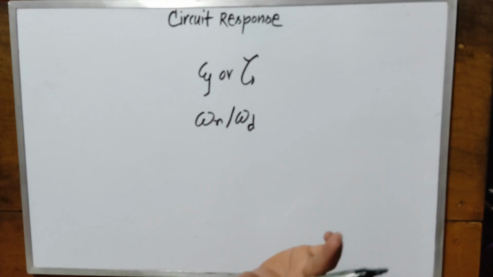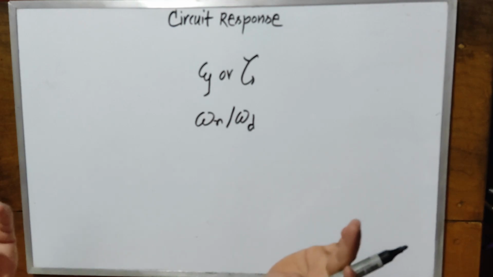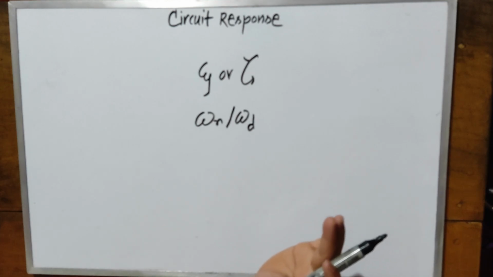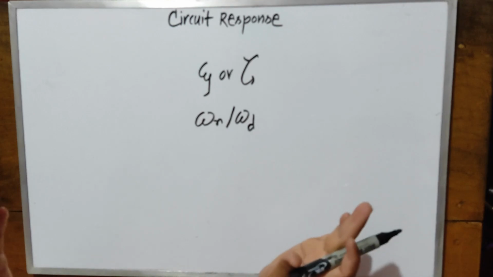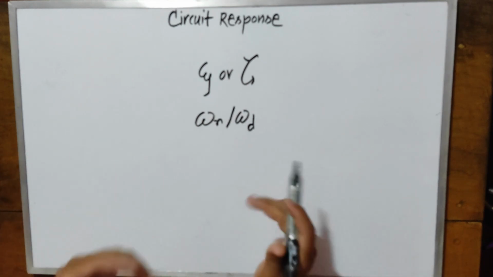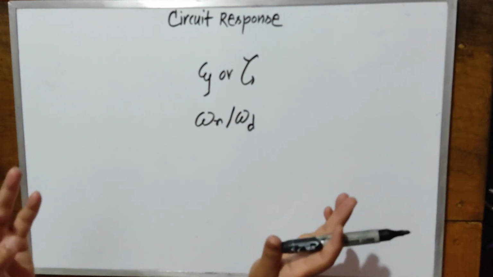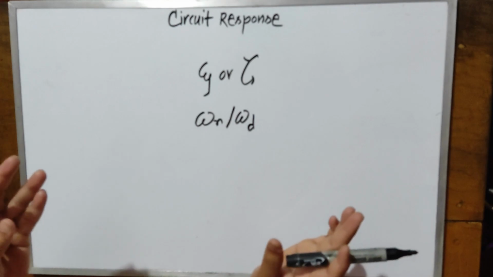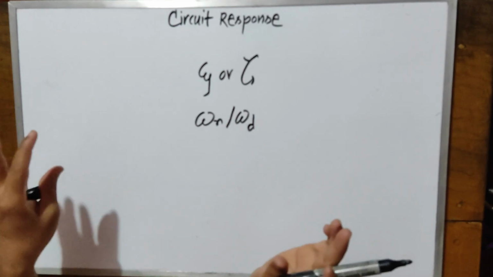All dynamic systems beyond first order, from second to higher order, have single to multiple damping factors and a damped natural frequency, or internal frequency. Every system has it.